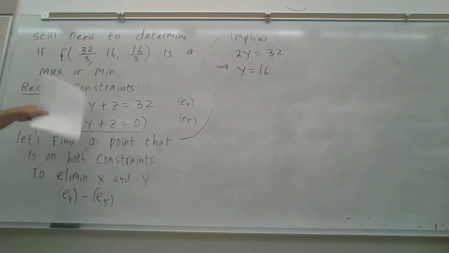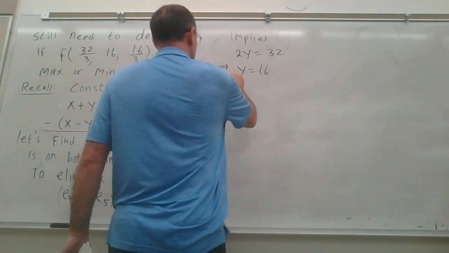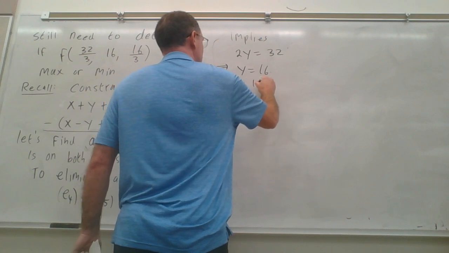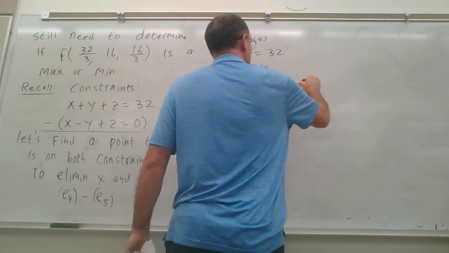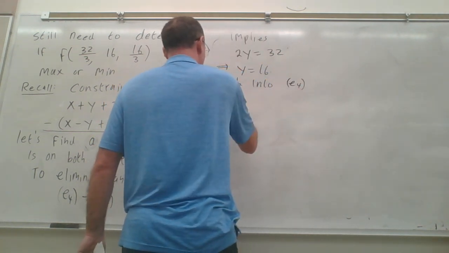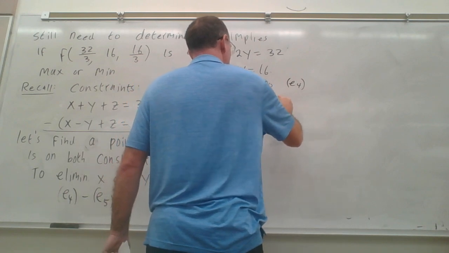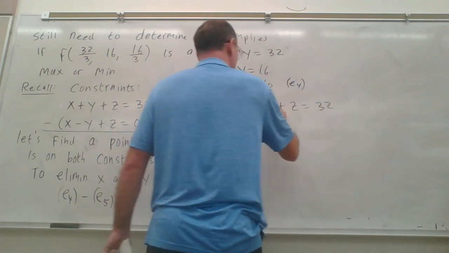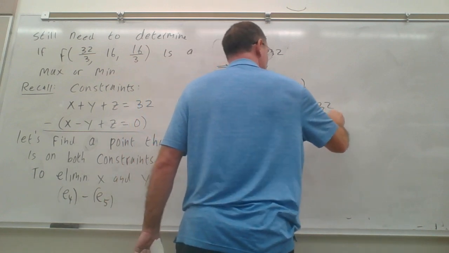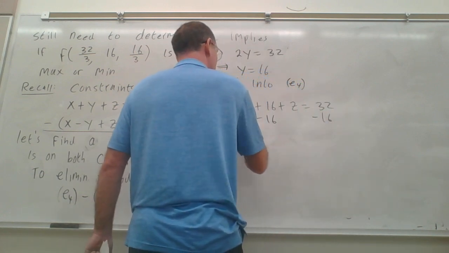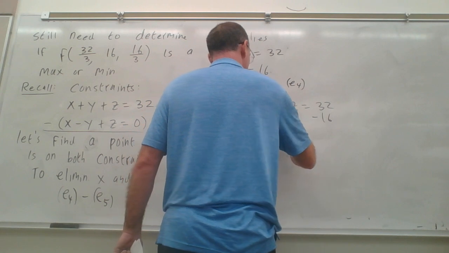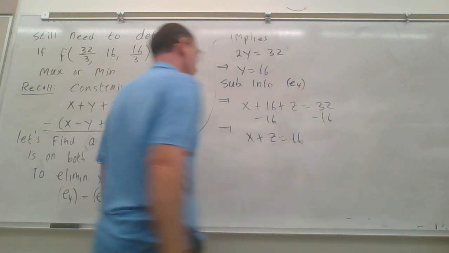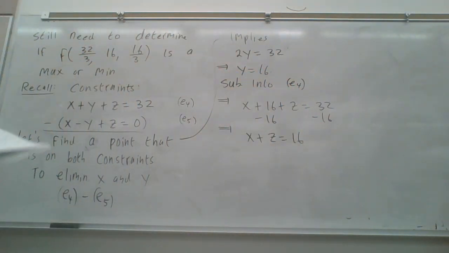Then substituting that into equation 4, we have x plus 16 plus z equals 32. So subtracting 16 on both sides, x plus z equals 16. And you just need to make that true.